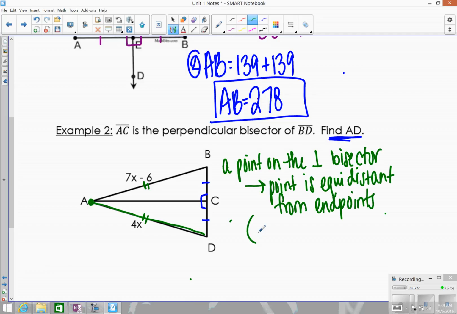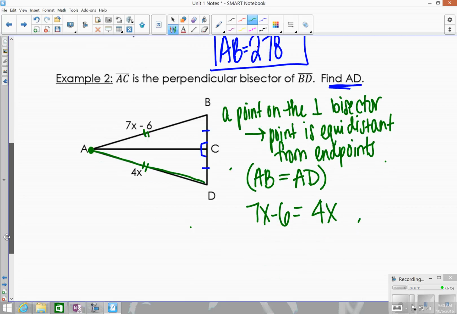So what that really means is that AB is equal to AD. The distance between these two points is equal to the distance between points AD. And that's because of that last theorem. So that just means I can set these two equal. So I can say that 7x minus 6 is equal to 4x, and then solve it for x.